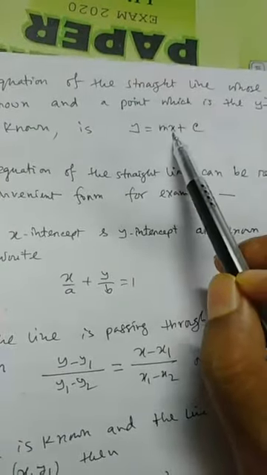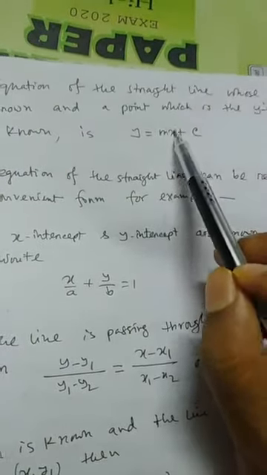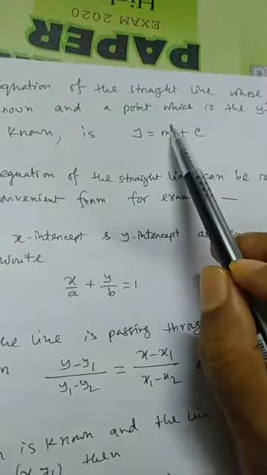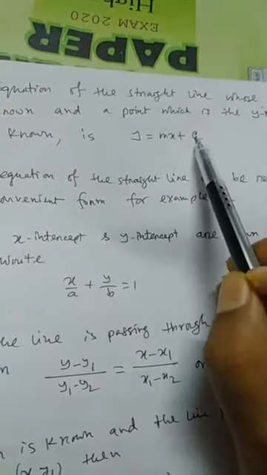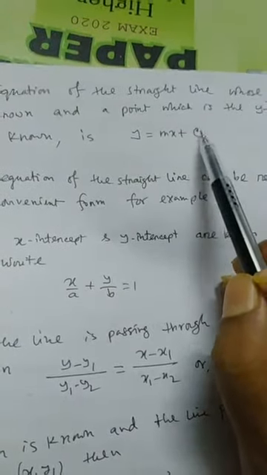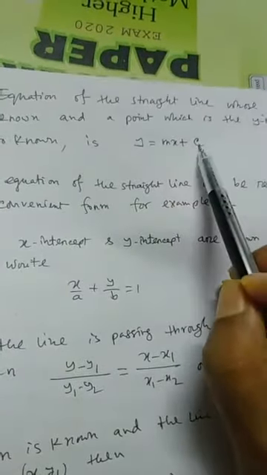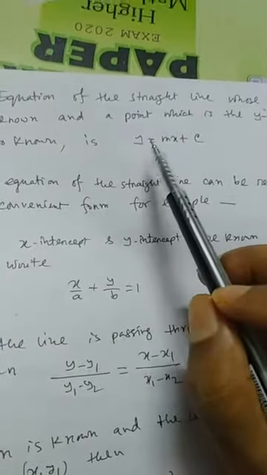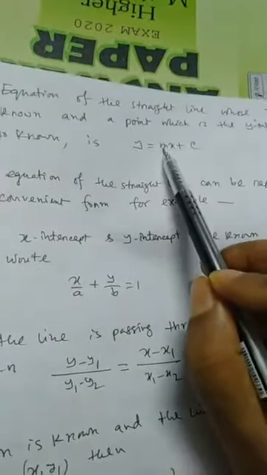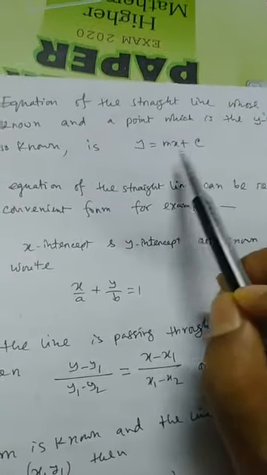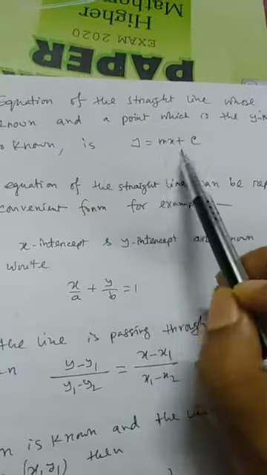Because if you put x equal to 0 here, then this part will become 0, so y will be c. So this is called y-intercept. This is called slope-intercept form of the straight line, because slope is given, intercept is given.